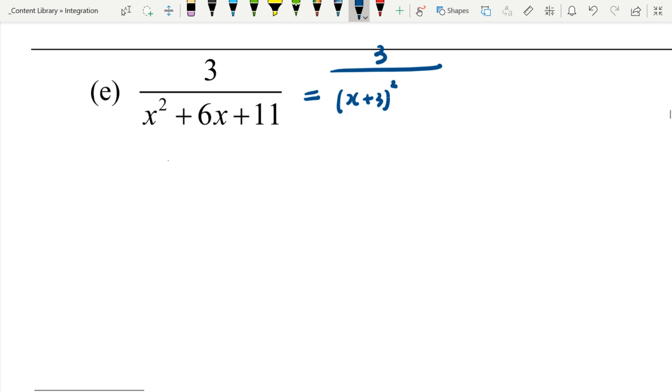That's x plus 3 squared. I need to minus what? I need to minus 9, so it's a plus 2. And then I can take the 2 out, because I need 1 plus the gx squared. Okay, so that's what I have.